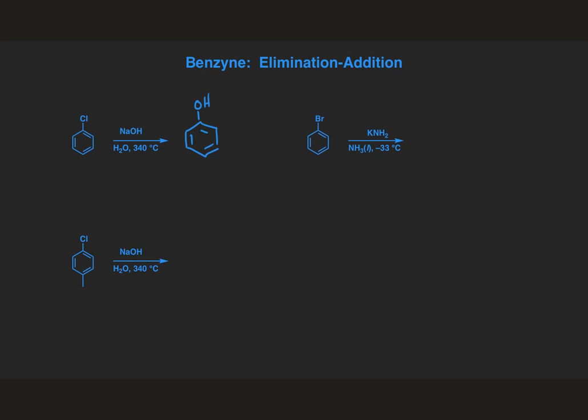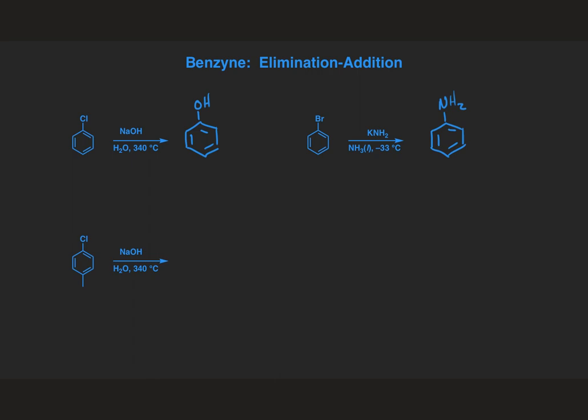And if I look at the next one, slightly less harsh conditions in terms of temperature, but amide is a stronger base than OH, and so it's a better nucleophile. And this reaction, again, proceeds cleanly to replace Br with NH2.